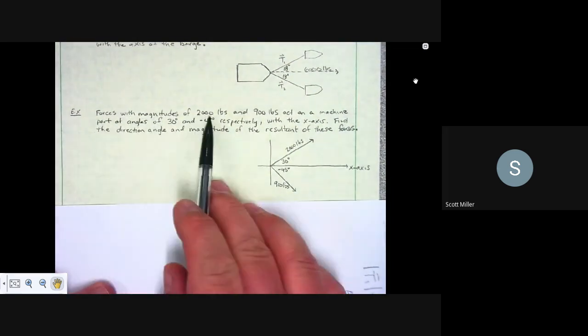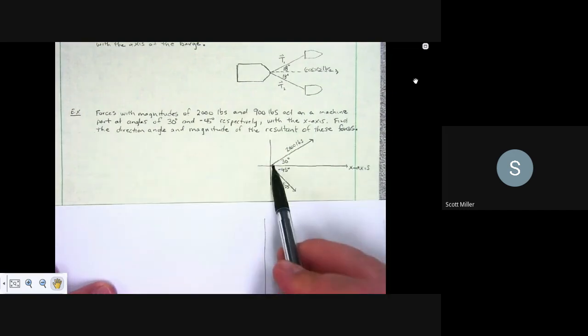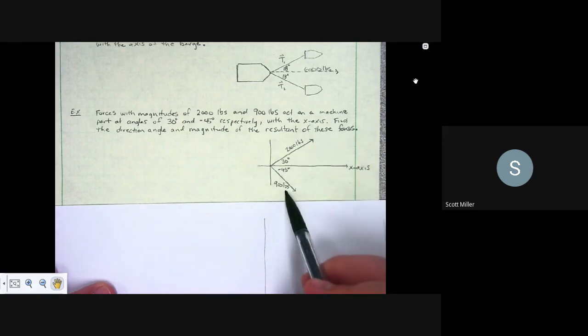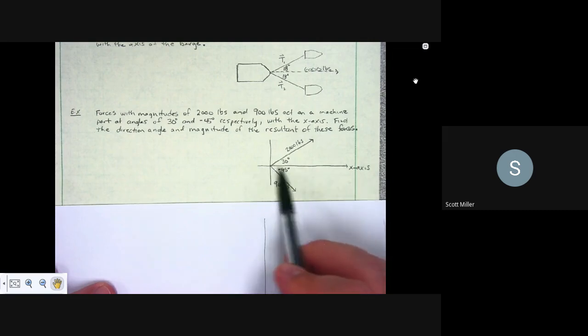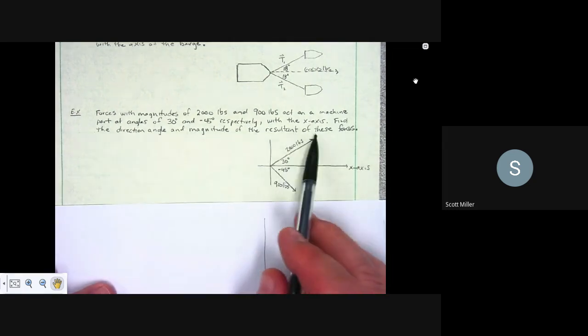Forces of magnitude 2,000 and 900 act on a machine part. I didn't draw the machine part, it's sitting right here. At angles of 30 degrees and negative 45 degrees respectively. So the 2,000 is 30, the 900 is negative 45, along with the x-axis. Find the direction angle and magnitude of the resultant of these forces.